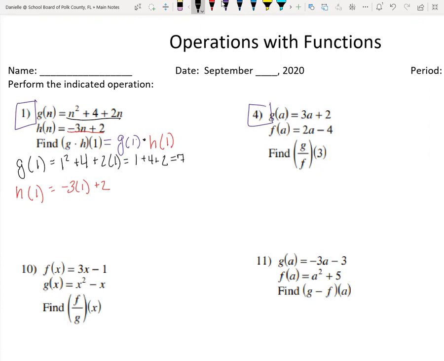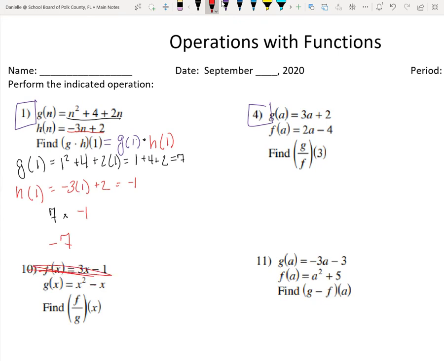And over here, I get negative 3 plus 2, which is negative 1. Now, that is not the end. We have not finished, because remember, we are supposed to multiply these two together. So all I'm going to do is take my 7 and multiply it with negative 1, which gives me a total of negative 7.